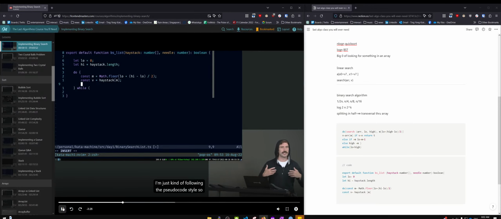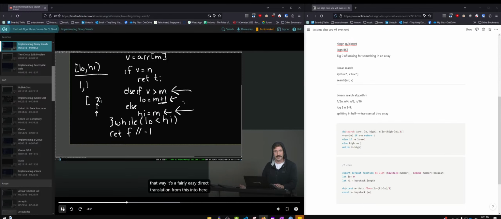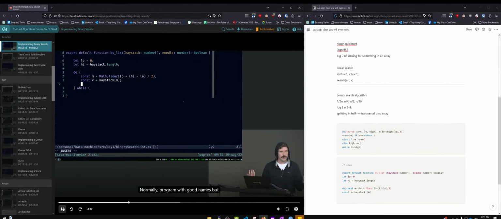I'm just kind of following the pseudocode style, so that way it's a fairly easy direct translation from this into here. Normally, program with good names, but in this case, we're just going to keep it like that.